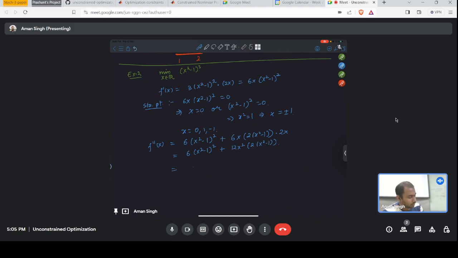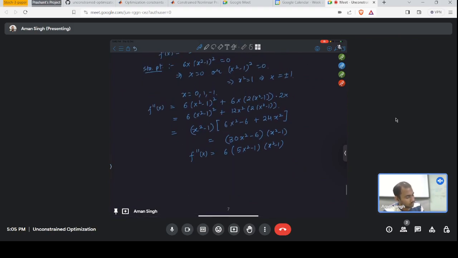We'll make x square minus 1 common: 6x square minus 6 plus 24x square. I think this is what it is. If I'm wrong, please correct me. So 30x square minus 6, times x square minus 1. This will be 6 times (5x square minus 1) times (x square minus 1). This is the double differentiation of f.